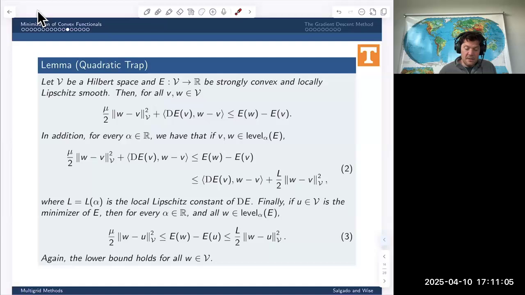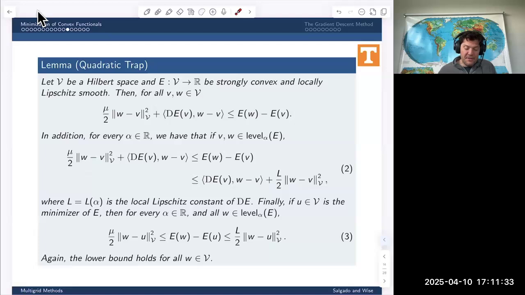And then this is the upper portion of the trap. In addition, for every alpha in R, if v and w are in this sublevel set of E with respect to alpha, then we also have this upper trap. So this is called the upper quadratic trap. That's called the lower quadratic trap.